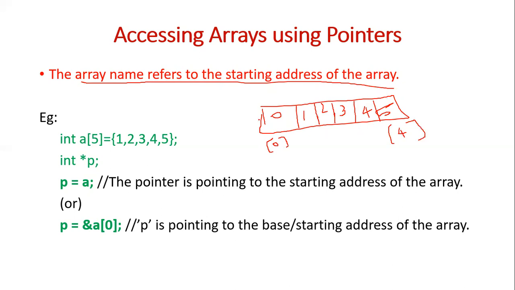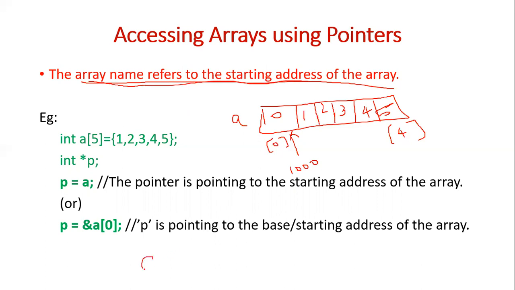Now let us assume the starting address, that is, the address of A of 0, is 1000. So how to get the address? Because a pointer should be assigned with the starting address, right? How to get the address? There are two ways to get the address. The array name itself refers to the starting address of the array.